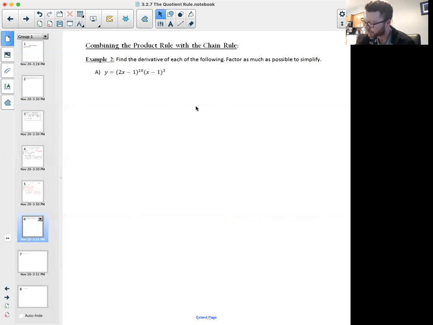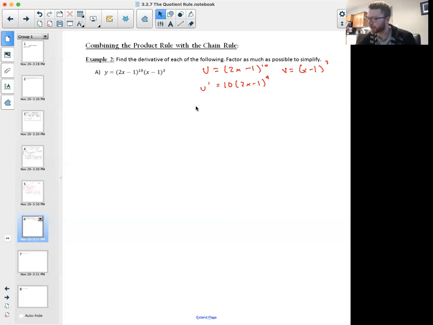We will let u equal 2x minus 1 to the 10, and v will equal x minus 1 to the third. Okay, u prime is equal to 10 multiplied by 2x minus 1, to the 9. This is just the chain rule.